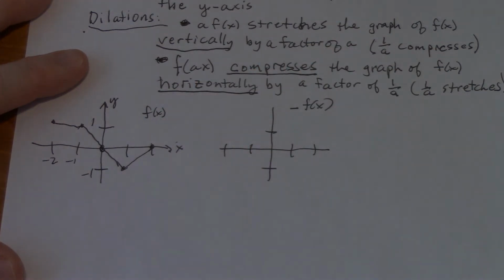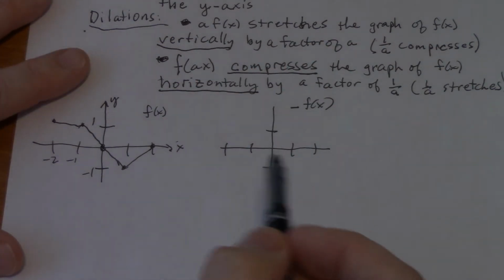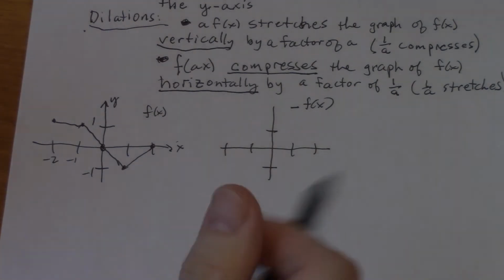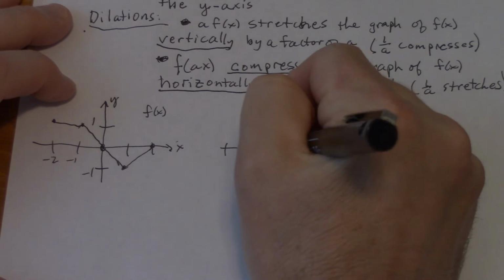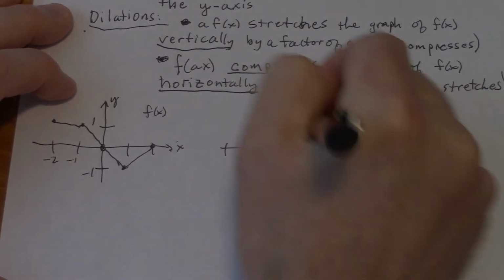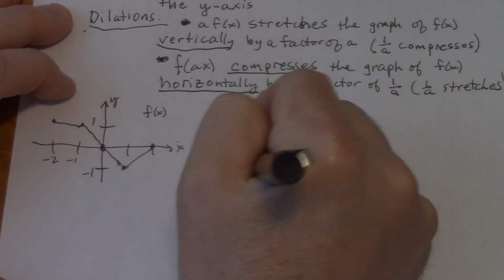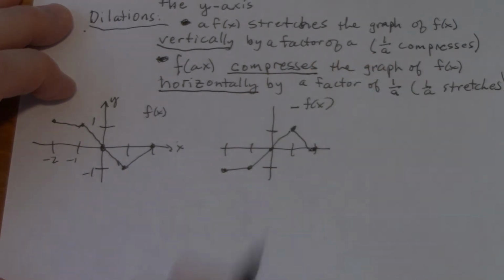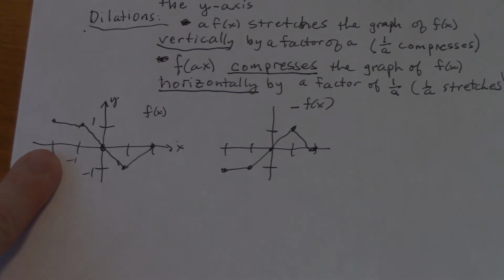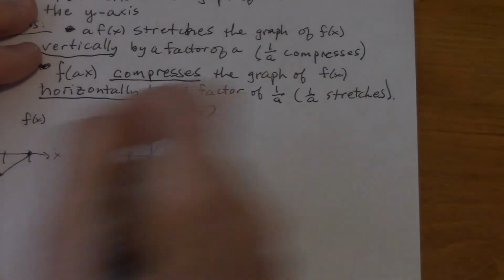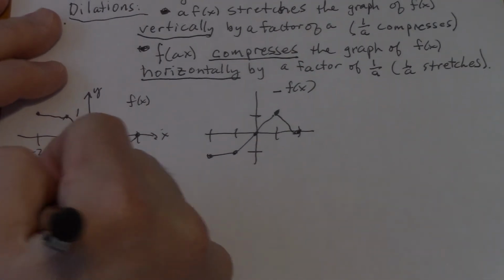The range might change. In this case it won't, but in general the range could change because you're flipping y values, but the domain shouldn't. Okay? So it's going to look something like that. That would be negative f of x. Okay, and you can compare, see how they flipped?